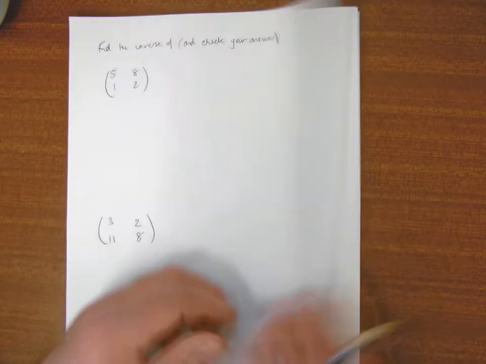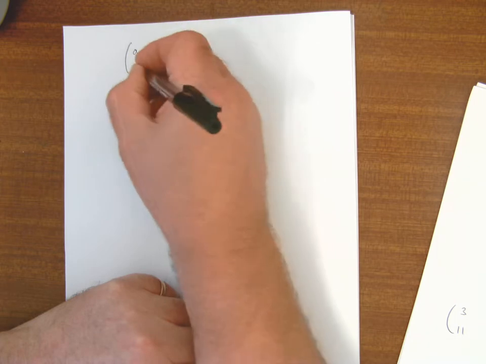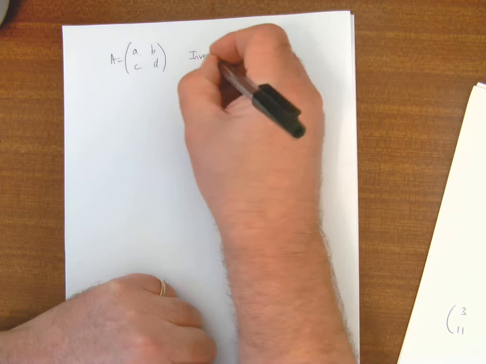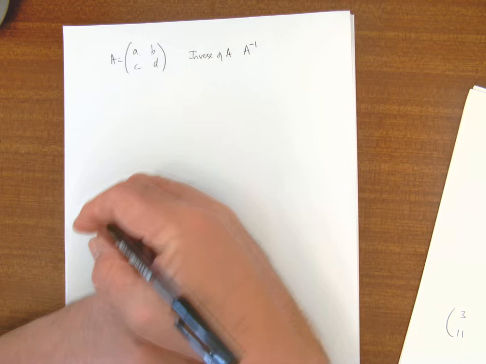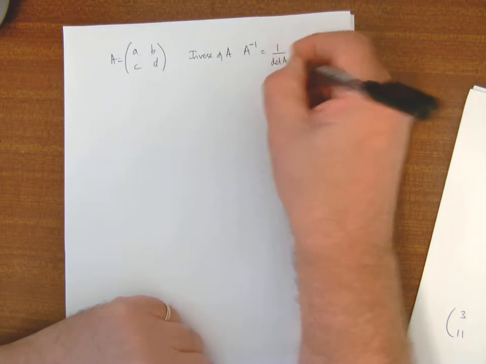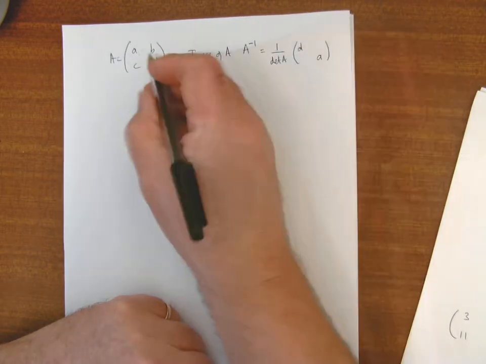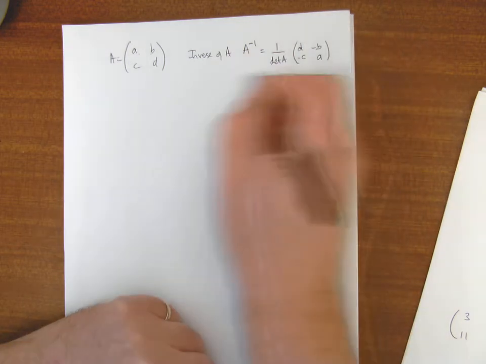So if I have a matrix A, B, C, D, that's A, then the inverse of A, which I denote by A to the minus 1, is equal to 1 over the determinant of A, and then I interchange the A and the D and change the signs in the other diagonal for the B and C. So that's how I find an inverse.